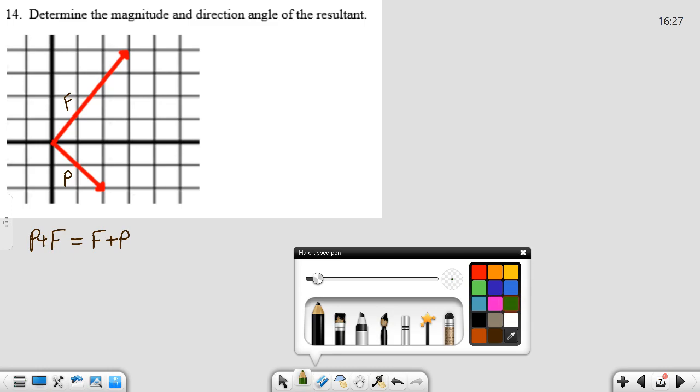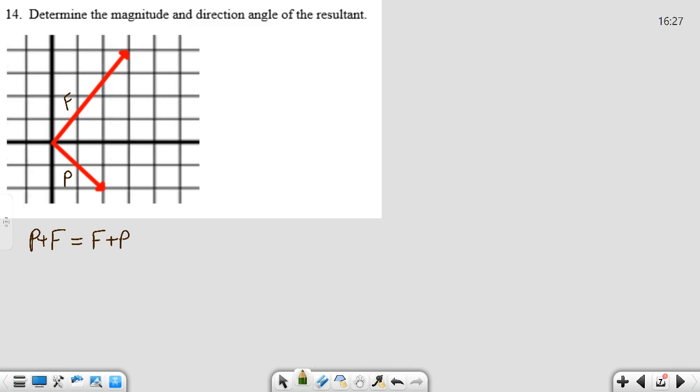So vector F starts at the origin and it goes 1, 2, 3. So it has components of 3, and then up 1, 2, 3, 4.